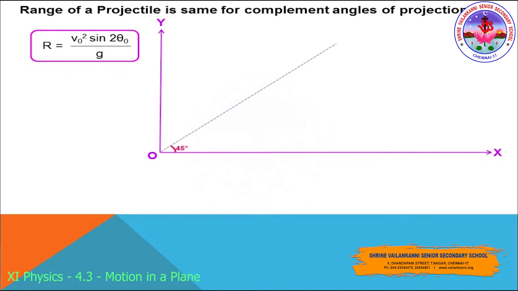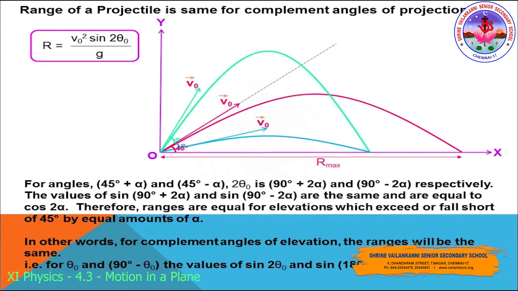So we can take this from R equals u square sine 2 theta by g. For the horizontal range, for example, at different angles we have taken here: for angles 45 degree plus alpha, and 45 degree minus alpha, right?